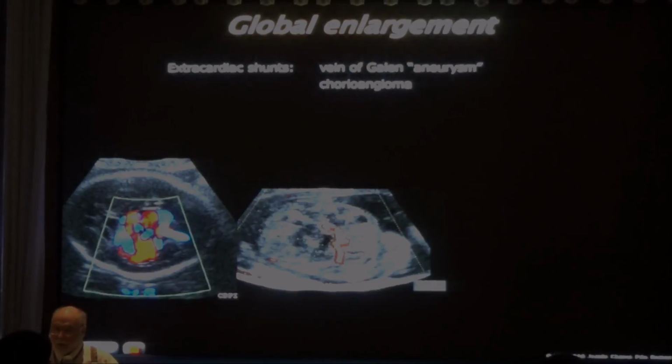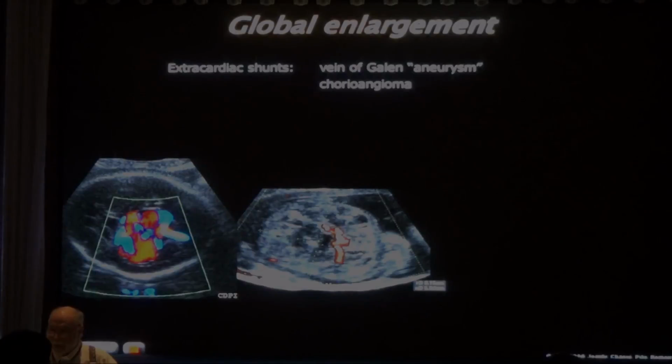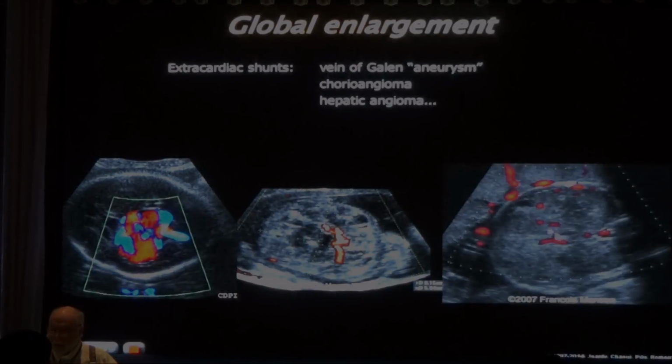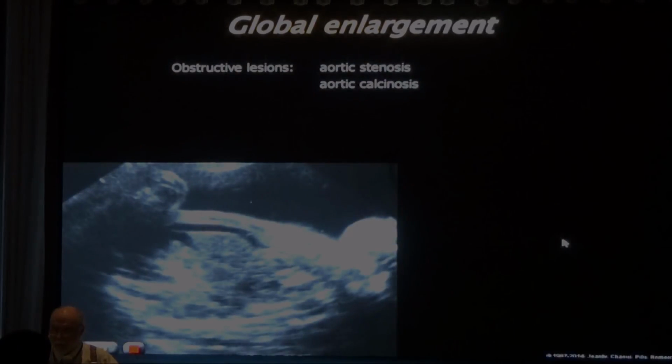And this happens in three entities: the vein of Galen aneurysm, which is the most common; the chorioangioma of the placenta, when it gets to be greater than 5 centimeters; and the hemangioma of the liver, which is the least common of the three. Now, sometimes you can have an obstructive lesion that can cause an enlargement. For instance, aortic calcinosis.